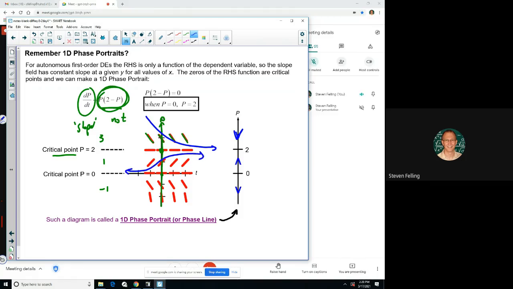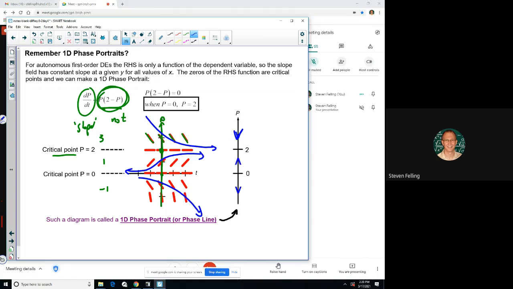And then anything where we start with a p that's below 0 would end up having a negative slope that diverges from that, right? So these horizontal lines form kind of stable points at the critical points, where eventually the solution will align itself with those values. Okay, so this is called a 1D phase portrait or 1D phase diagram or a phase line.